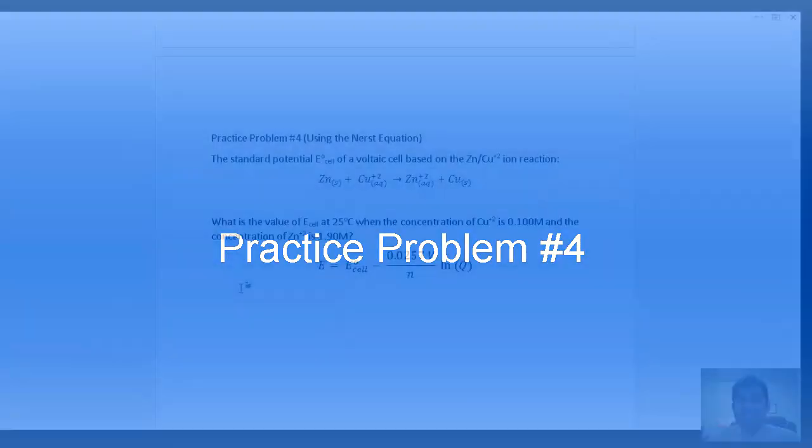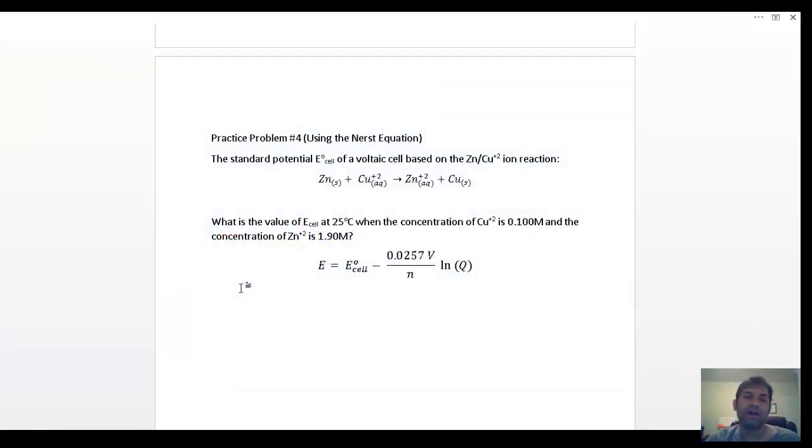Problem number 4 involves utilizing the Nernst equation. The Nernst equation is basically calculating the voltage under non-standard state conditions. Standard state conditions would mean the concentrations are usually set at 1 molar, temperature 25 degrees.